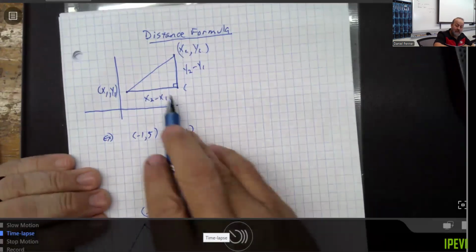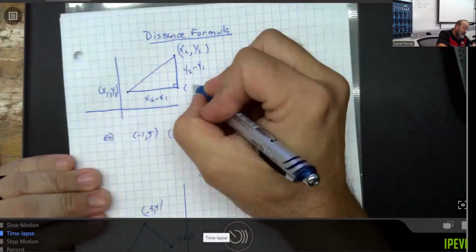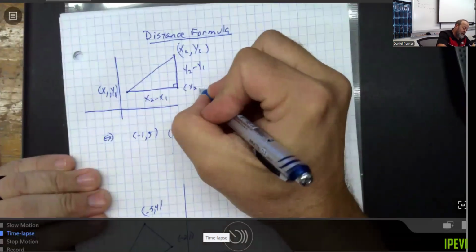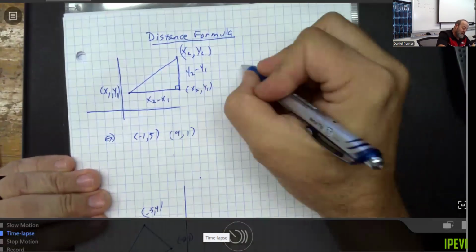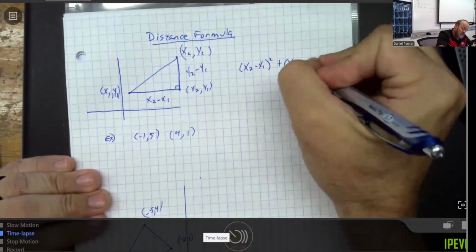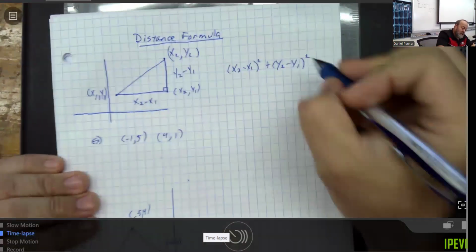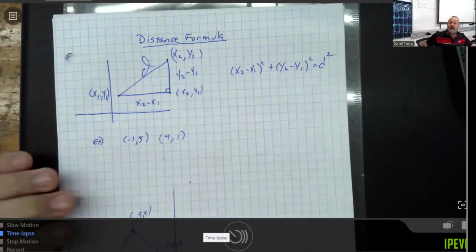But see, if we have this story right here, the Pythagorean theorem says if you take side 1 squared plus side 2 squared, you would get the length of the hypotenuse squared, and I'm going to call that d for distance.